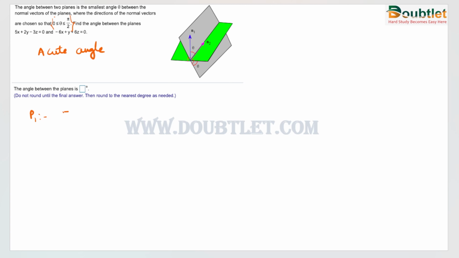The equation of P1 is 5x plus 2y minus 3z is equal to 0. If we rewrite it in vectorial form, r vector dot (5, 2, minus 3), so this is the n1 vector, is equal to 0. For plane P2, we can write this as minus 6x plus y plus 6z is equal to 0.